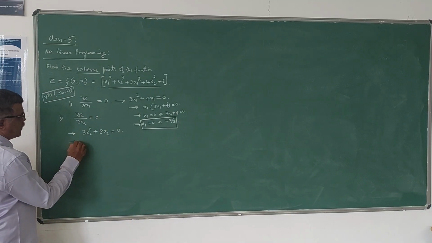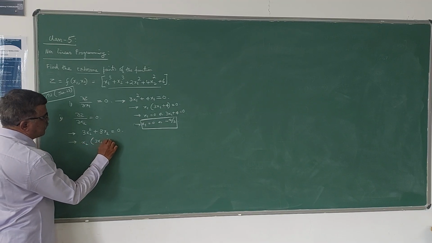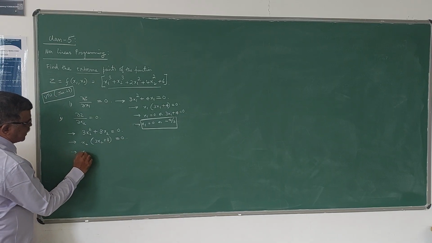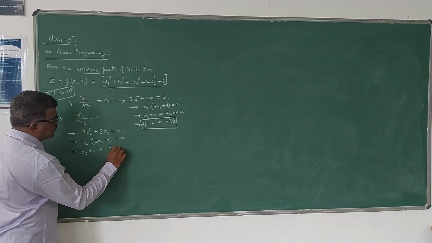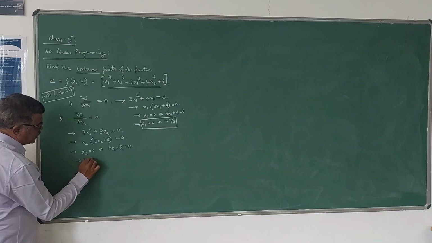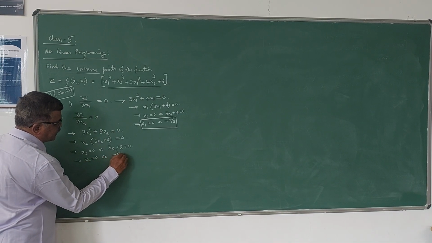Now here also you can take x2 common. So it becomes x2 into 3x2 plus 8 is equal to 0. So x2 is equal to 0 or 3x2 plus 8 is equal to 0. It means x2 is equal to 0 or minus 8 by 3.